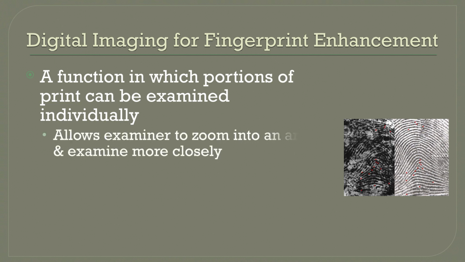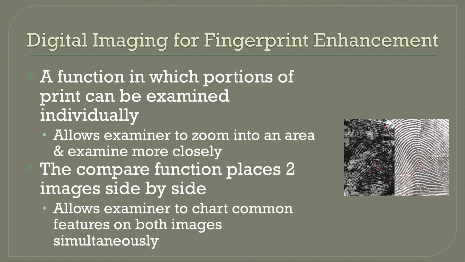There is a function that allows only portions of the print to be examined individually. So basically the examiner zooms into the area and examines it more closely, in more detail.